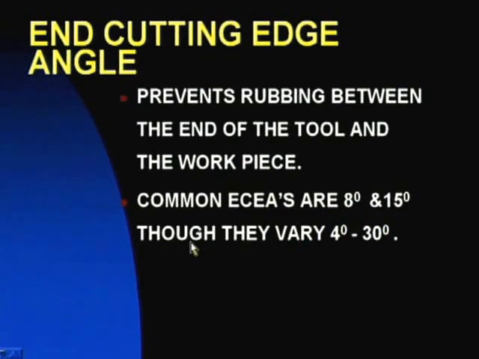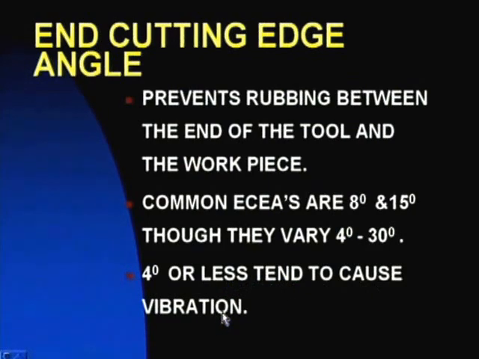It may vary from 4 degrees to 30 degrees, but the generally taken end cutting edge angles are 8 degrees and 15 degrees. They are suitable and proven practically as excellent choices for all single point cutting tools. And 4 degrees or less tends to cause vibration.